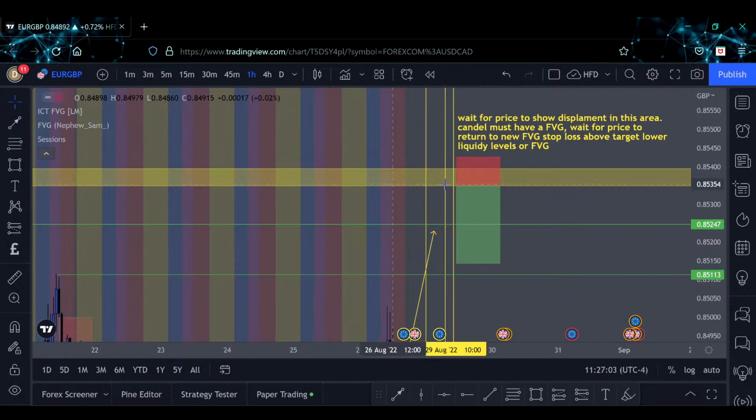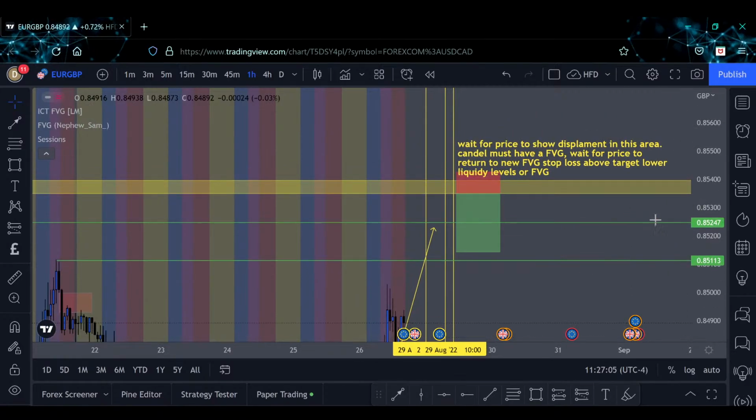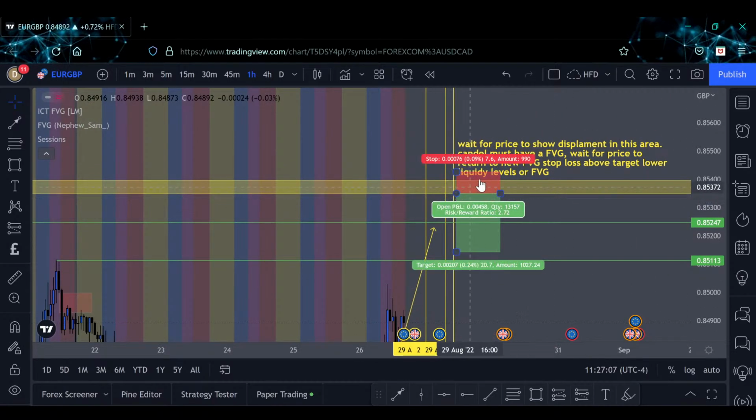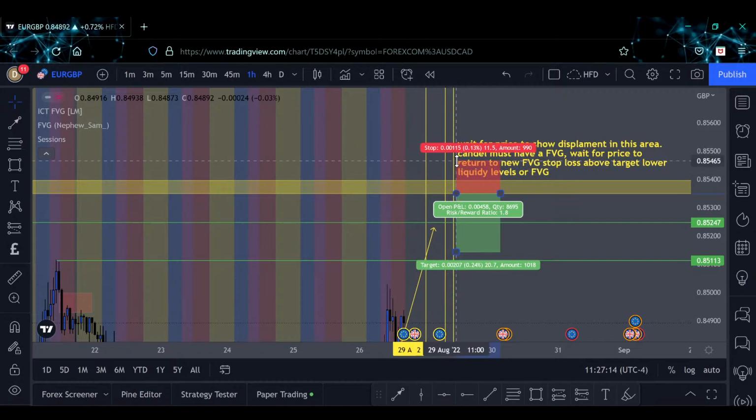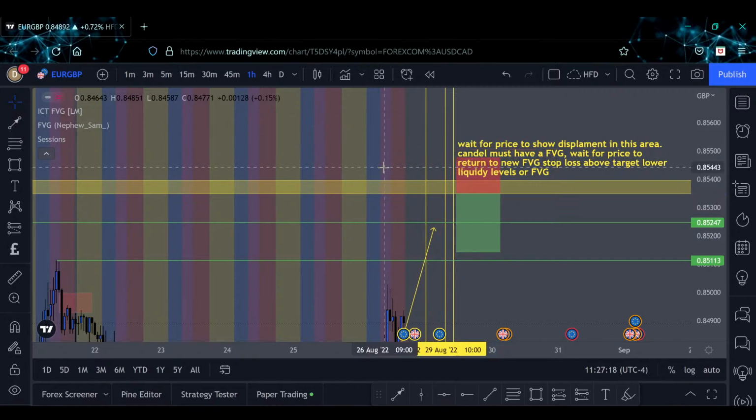But that's about it for just now. I mean, you could set this. You'd probably be better having a bit of a looser stop loss, 12 pips or something.